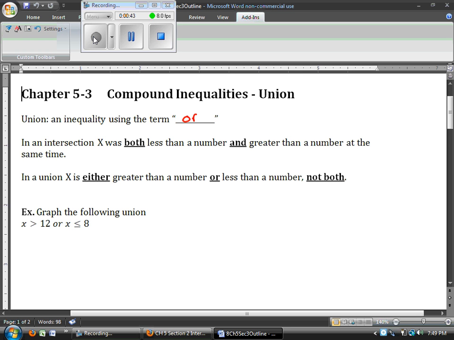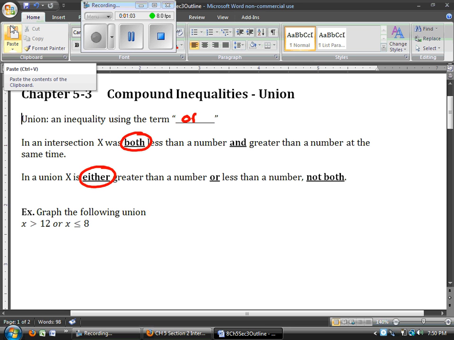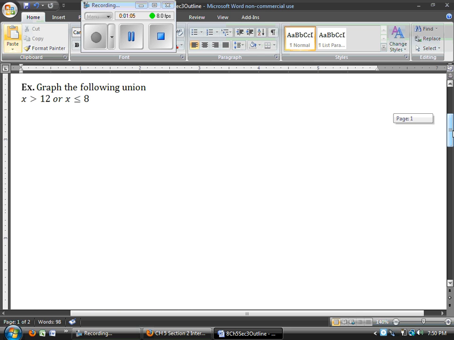And I hope we'll see here when I talk about how to graph these how that works. The difference is an intersection is both, whereas a union is either one or the other. Can't be both. Okay? So first thing we'll do is take a look at how to graph a union.